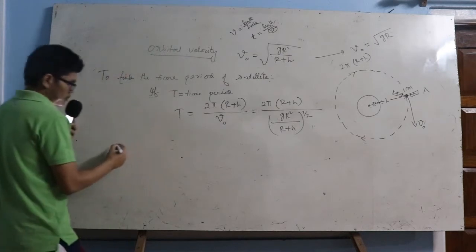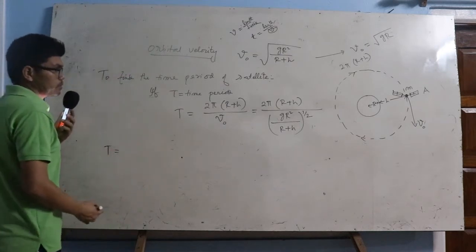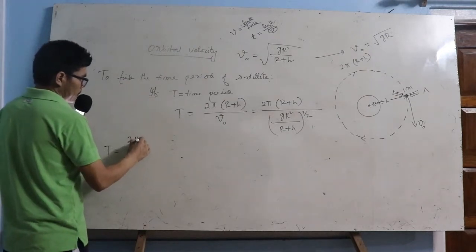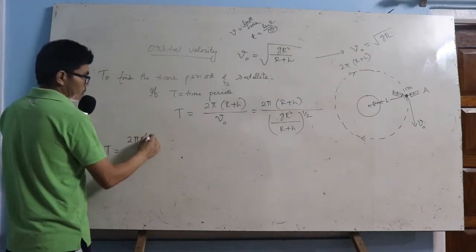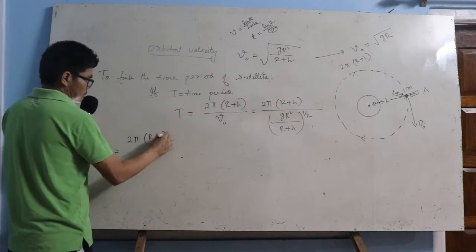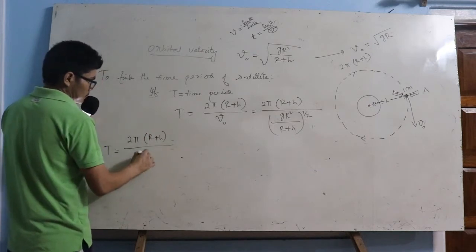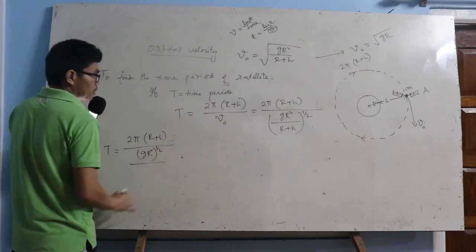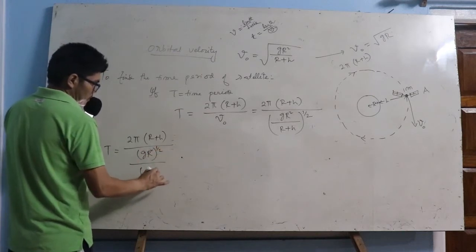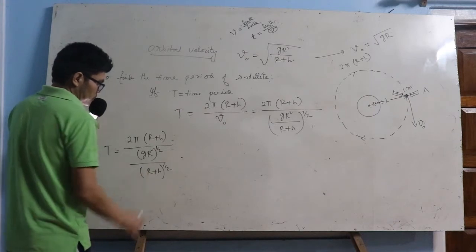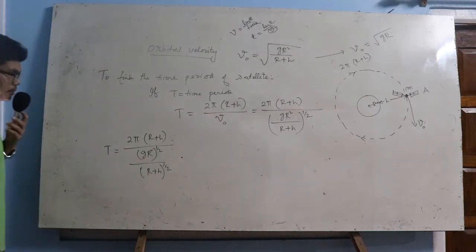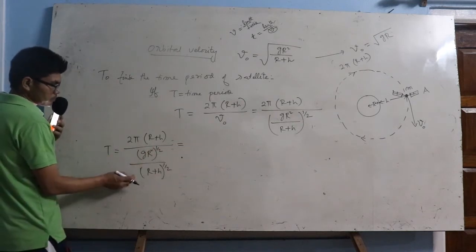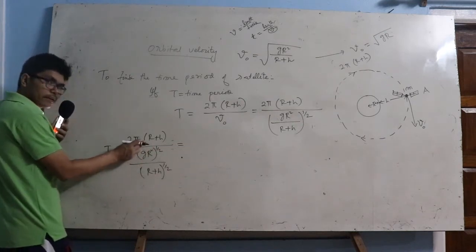So time period is going to be equal to, if you open the bracket separately, you can write like this: (gR squared) power 1 by 2, whole divided by (R plus h) power 1 by 2. You can write it separately. Then this is equal to, this will multiply together here.